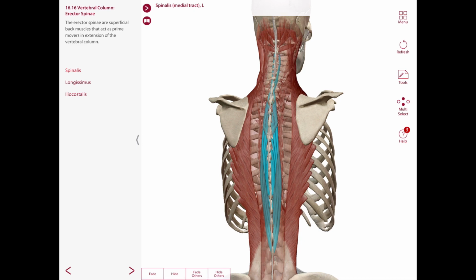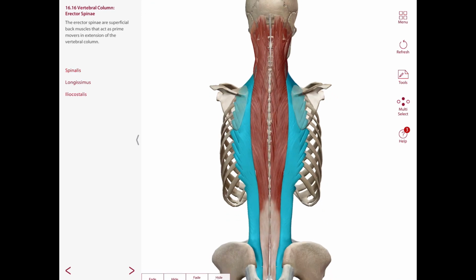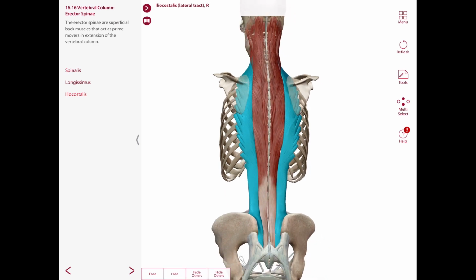Now, each column has regional divisions. For example, the iliocostalis has lumborum, thoracis, and cervicis. Lumborum means it's lower, in the lumbar area, thoracis in the thoracic area, cervicis closer to the neck.